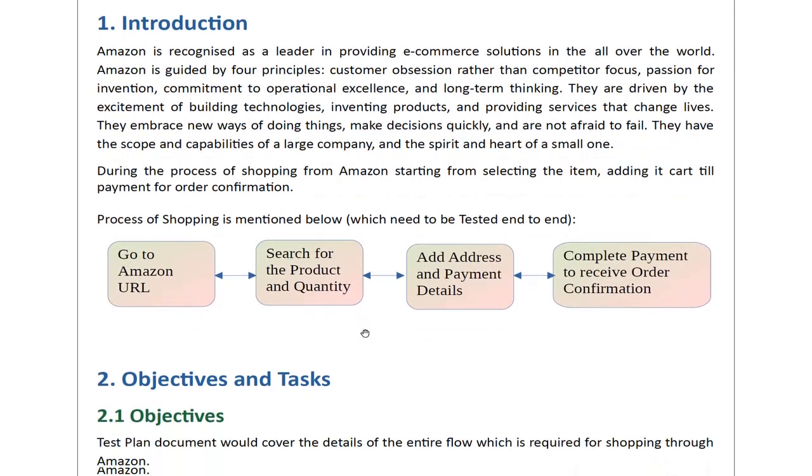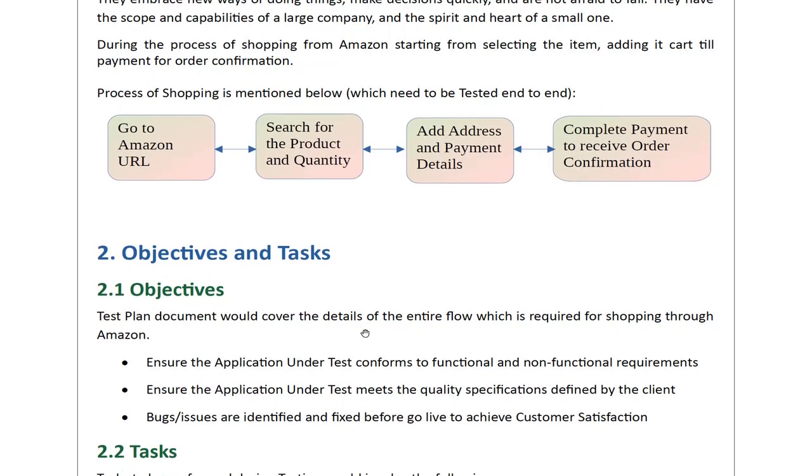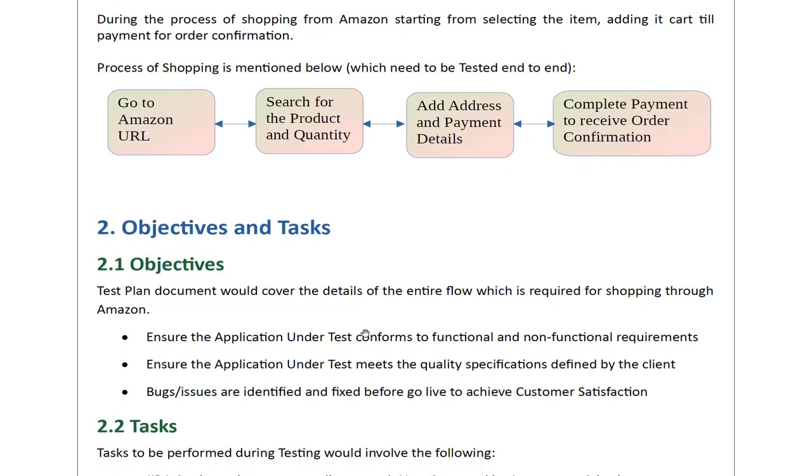And the next is objectives and tasks. In the objective you can write that the test plan document will cover details of the entire flow which requires shopping. So what is the objective behind your application? It means you want to ensure that the test plans cover the functional and non-functional requirements.